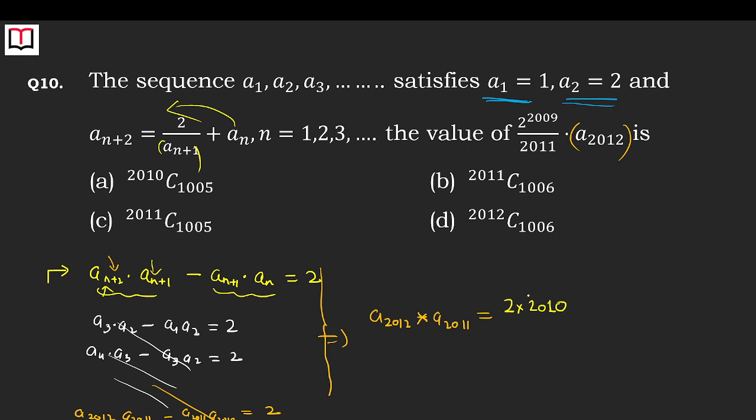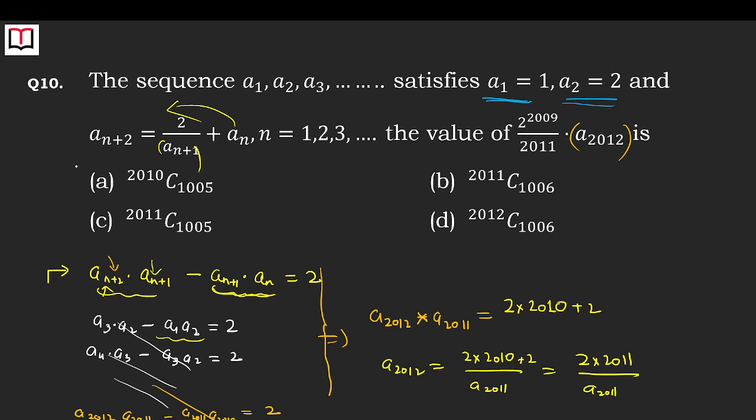So a 2012 is nothing but 2 into 2010 over a 2011. And this term will be left here, so this will be plus 2, so it's 2 into 2011 upon a 2011.